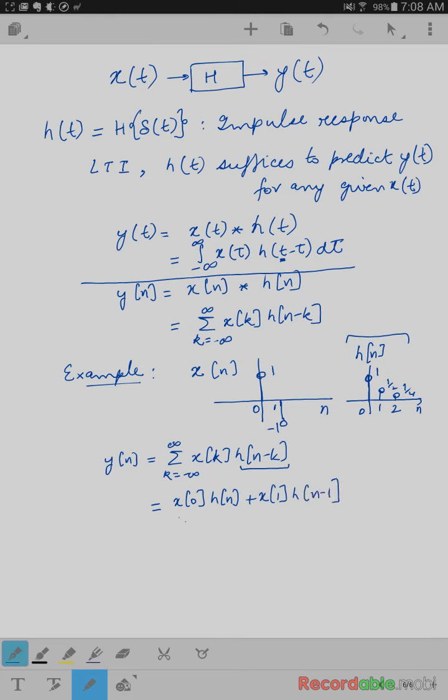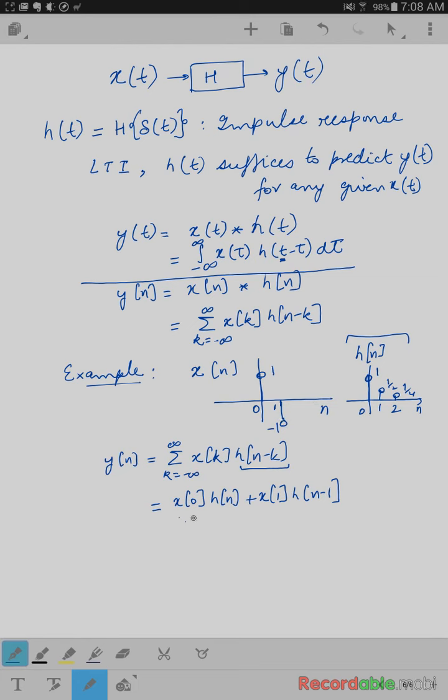What is going on here is that we are taking the first impulse and replacing it with the impulse response, so you get 1, half, 1/4, and you take the -1 and replace it with the impulse response, so you get -1, -half, -1/4, appropriately shifted by 1.